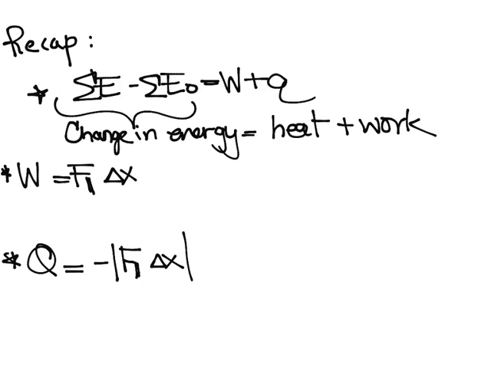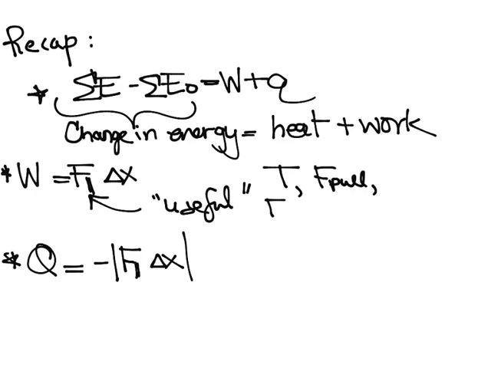And we know that work is F parallel delta X. The force has to be a quote-unquote useful force or an intentional force. So, for example, tension, F pull, Fn if you're lifting something. Those are all intentional forces.